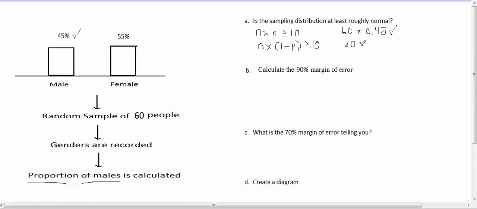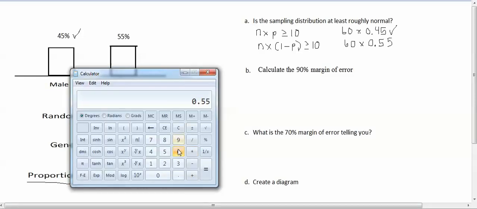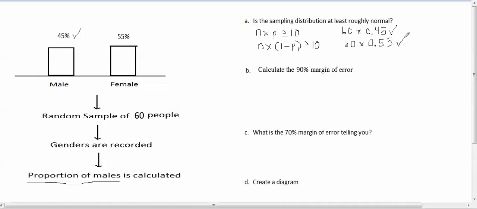So let's multiply 60 times 0.55 and make sure that that's at least 10. It's 33. So this also checks off. Both of these came out to answers of 10 or larger. So the answer is yes.